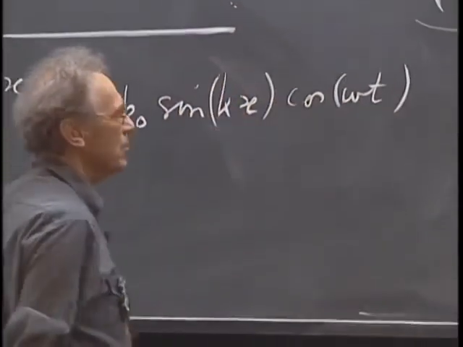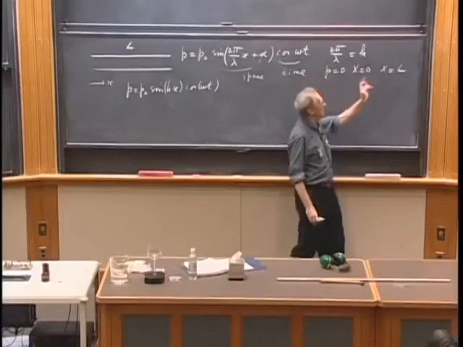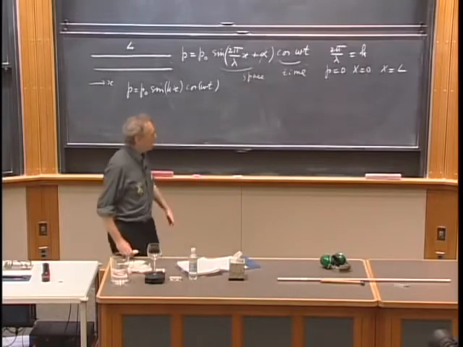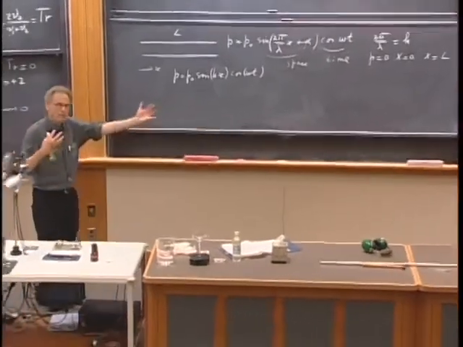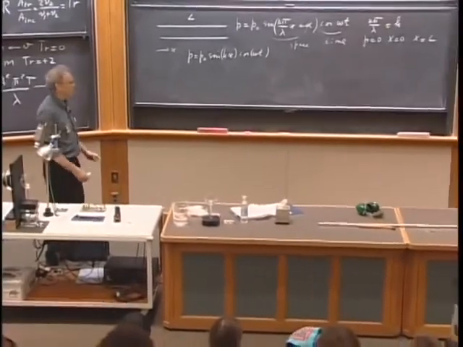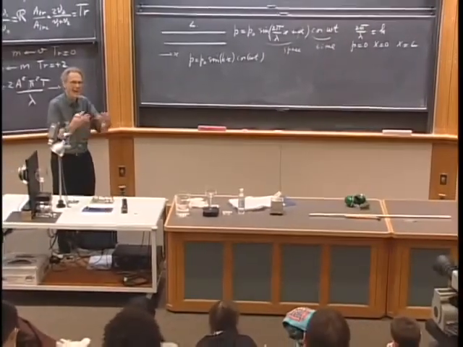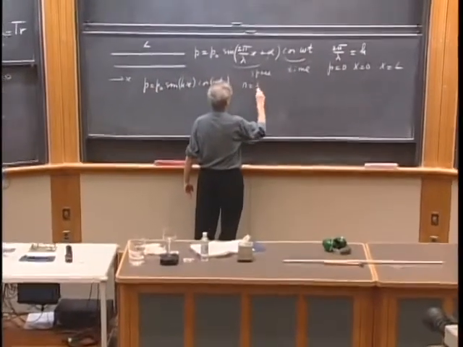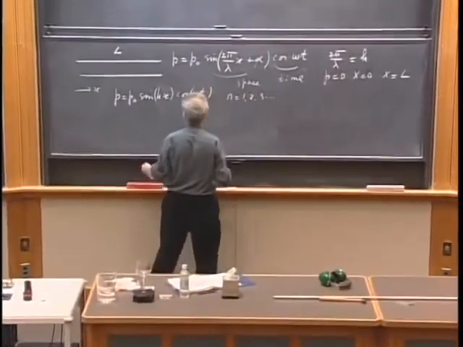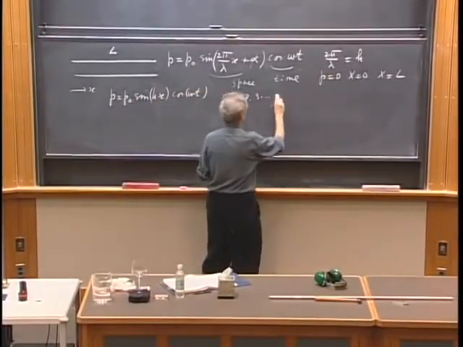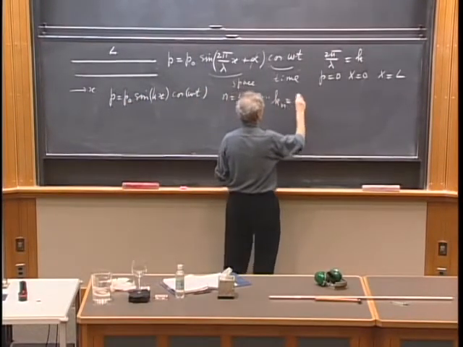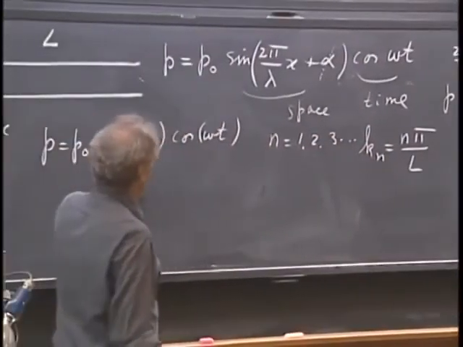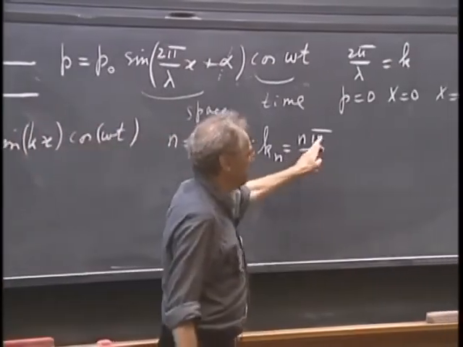And now I must meet the boundary condition that when x equals L, P is again 0. And that now breaks open a whole spectrum of possibilities in which I introduce this normal mode number n, as in Nancy, whereby n can be 1, 2, 3, etc. And then I get solutions when k of n equals n pi divided by L. And you see that immediately, because if I make x now L, then I get the sine of n pi.